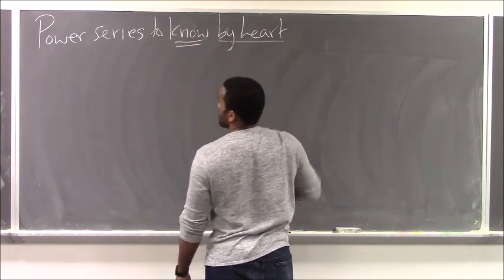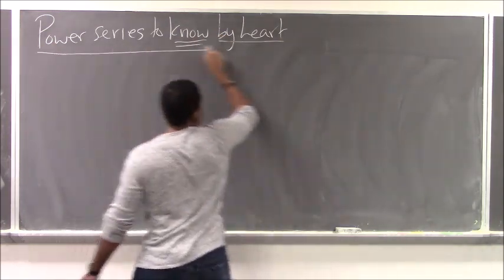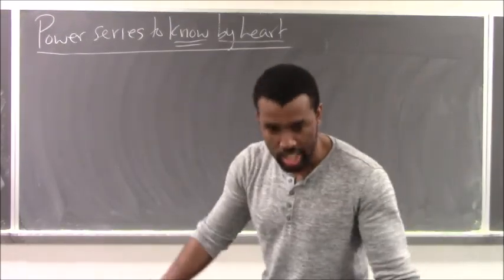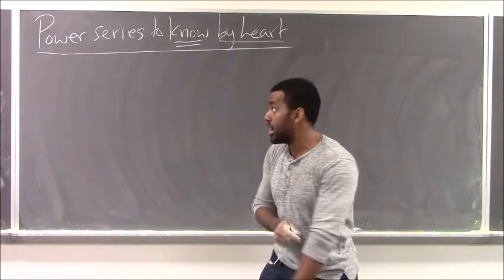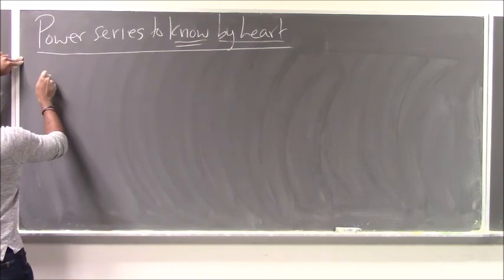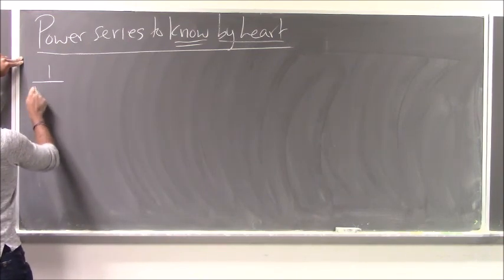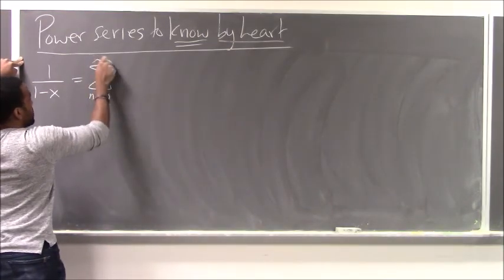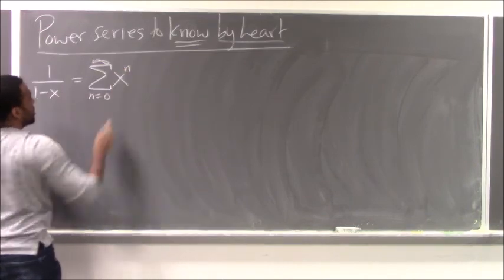In terms of power series that you should know by heart, I expect you to know these by heart. From now on, this is just something that we know. We know this off the top of our head. One of them is 1 over 1 minus x. We know that that is the series, n goes from 0 to infinity, of x to the n.